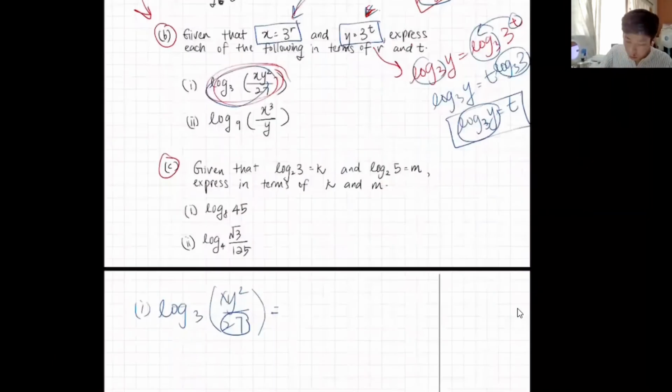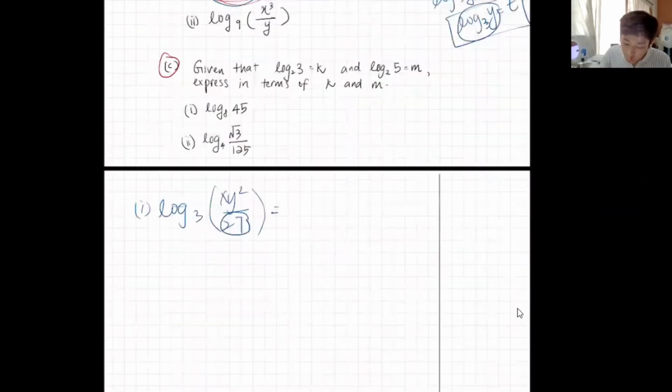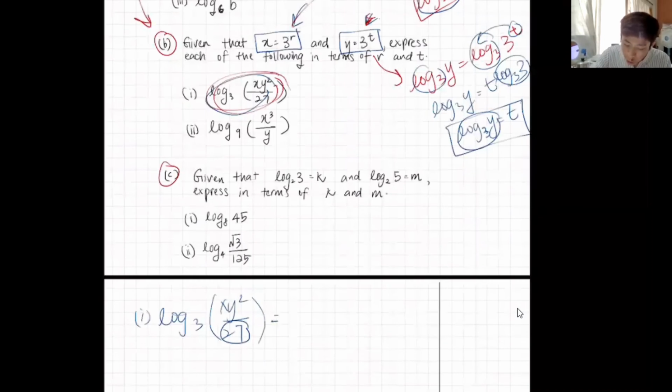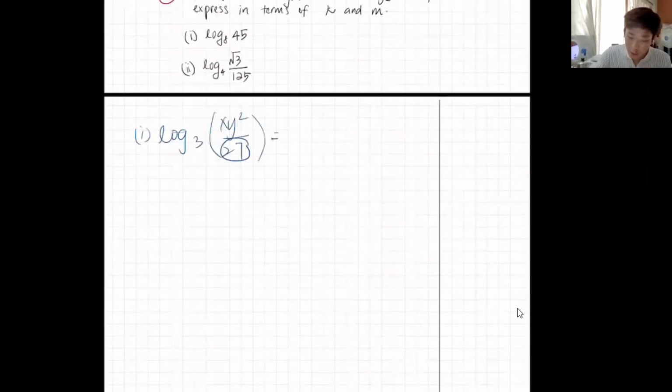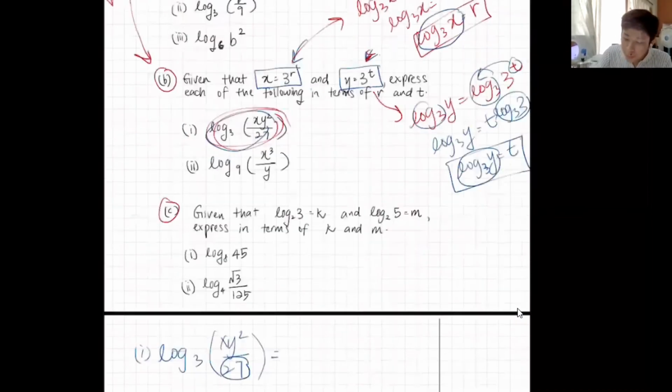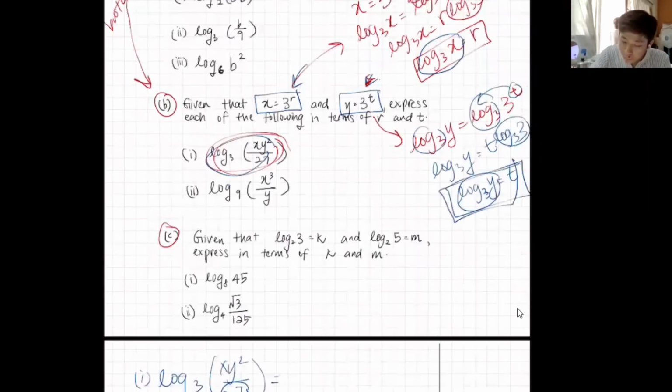All right, to solve 2b1, I copied the question down already. Because it's a substitution question, I want to break everything up to be as simple as possible, so I can substitute the substitutions that we have done just now.